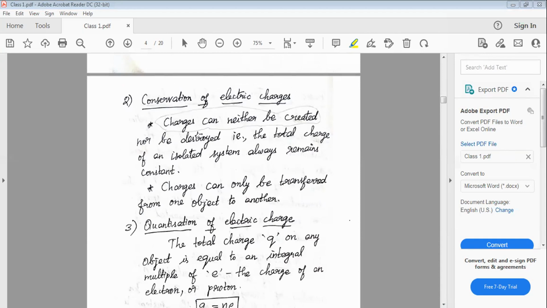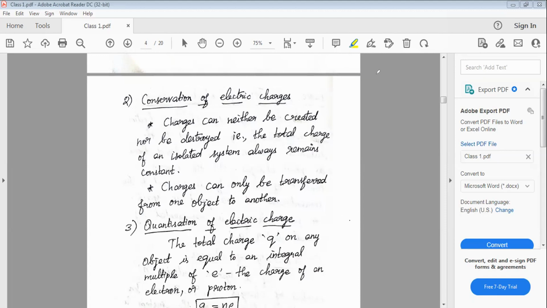All you can do is transfer charges from one material to another. So the total charge of any system remains constant. That means the charges are conserved. This is called conservation of electric charges.